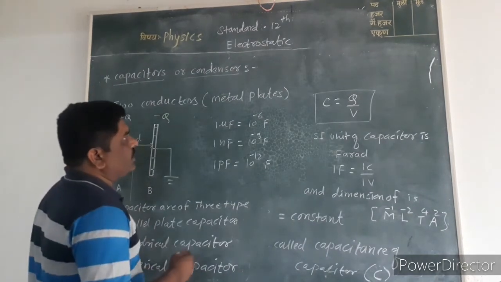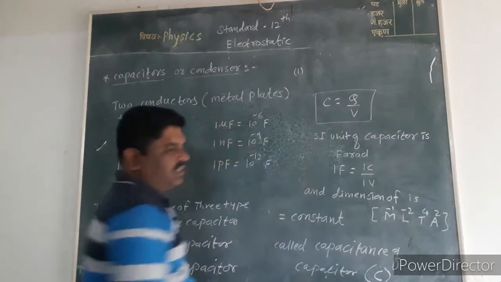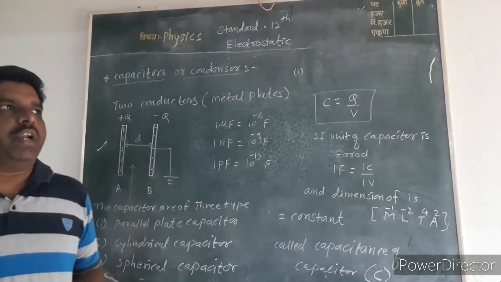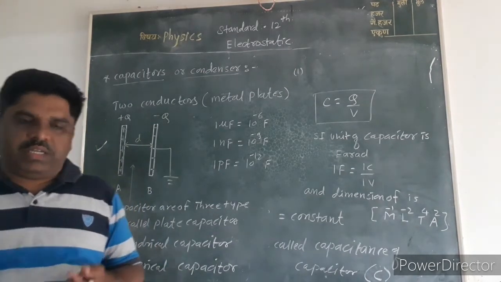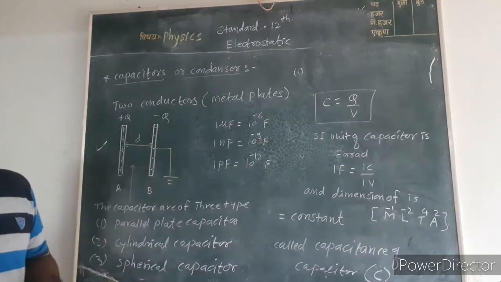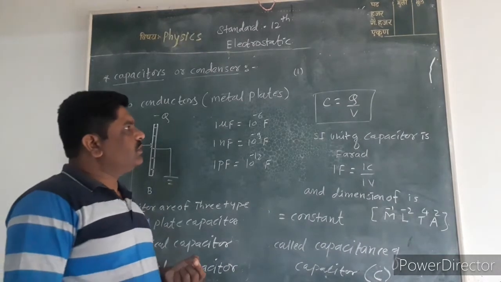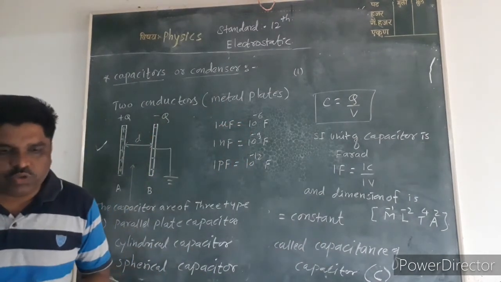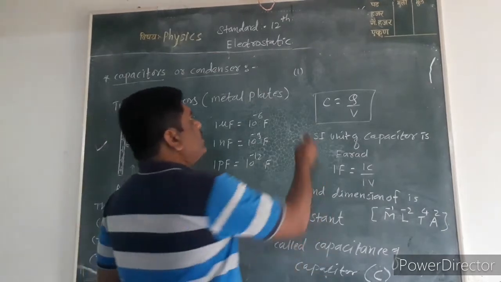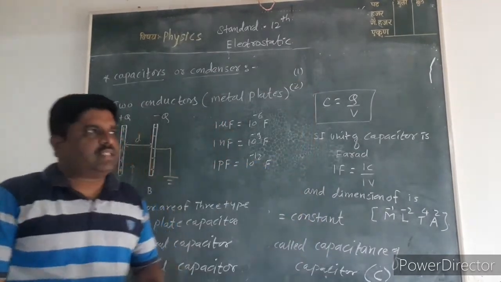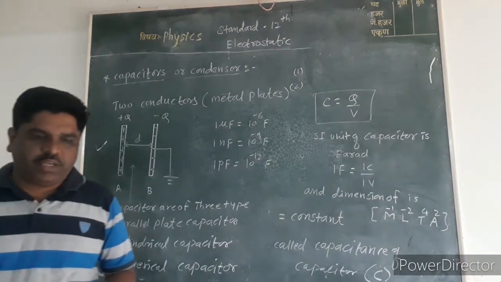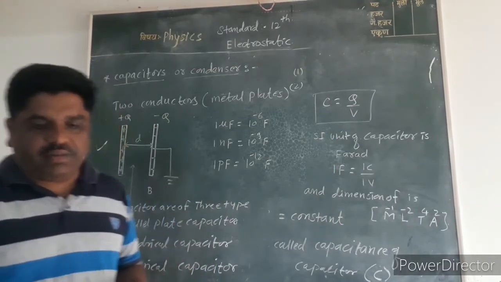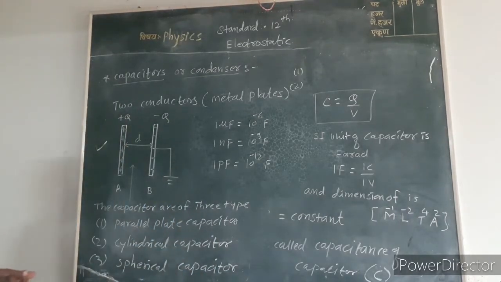The first use or application is in radio circuits, to tune the radio circuit or change the amplitude. Second, this capacitor is used for smoothing the rectified current in power supply.